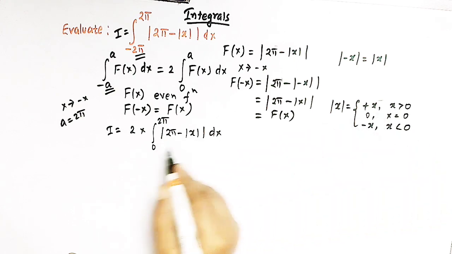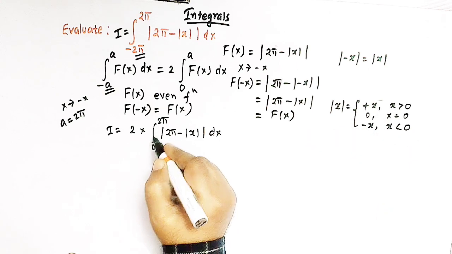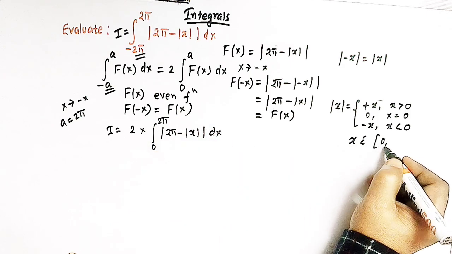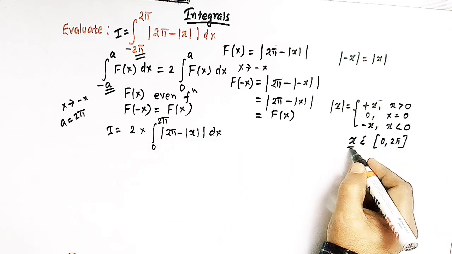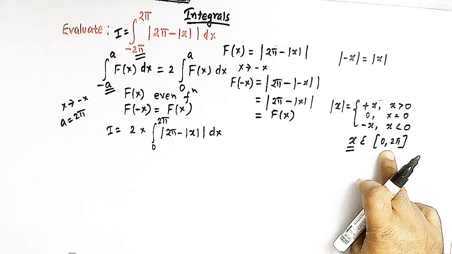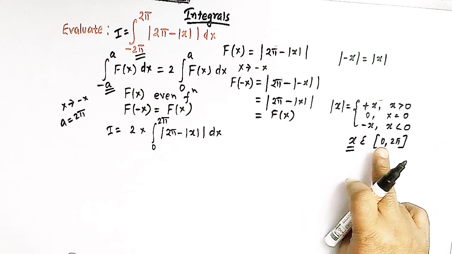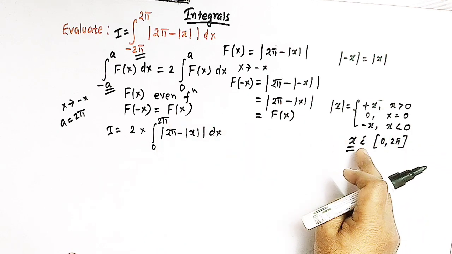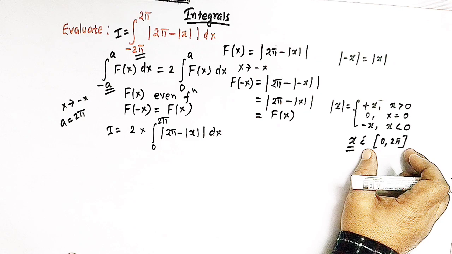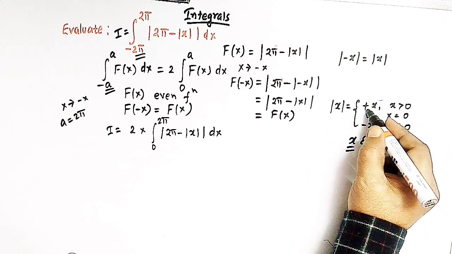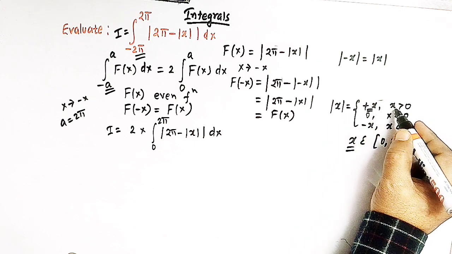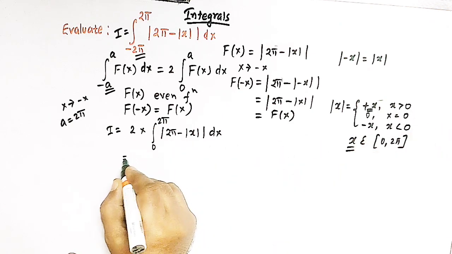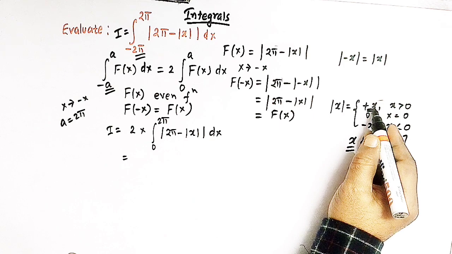So when x belongs to this interval, that is from 0 to 2 pi, then all the x are positive numbers, right? So mod of x must be equal to positive x because x is greater than 0. So here we can now replace mod of x by positive x.